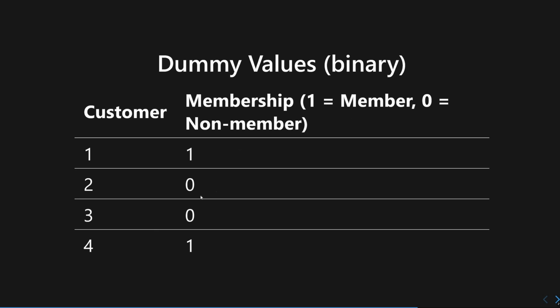You can write 1 for member, 0 for non-member, because adding an extra column would be redundant, since anything that has a 0 value means that it is not a member. You can just summarize the dummy values into one variable. But again, this only works for categorical or qualitative variables that have 2 possible values.